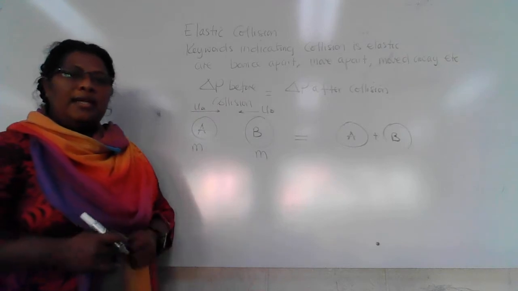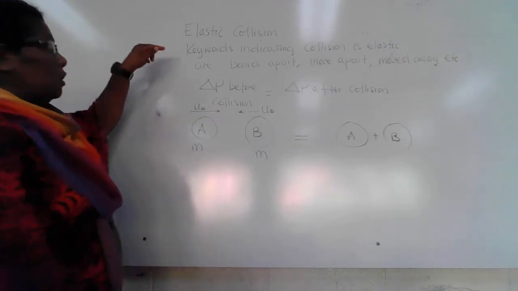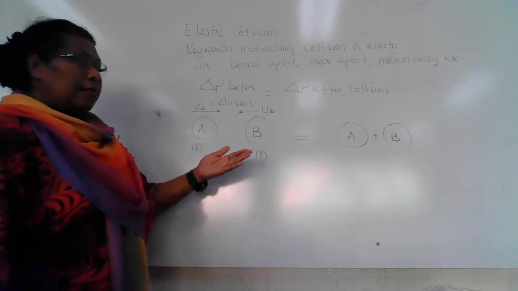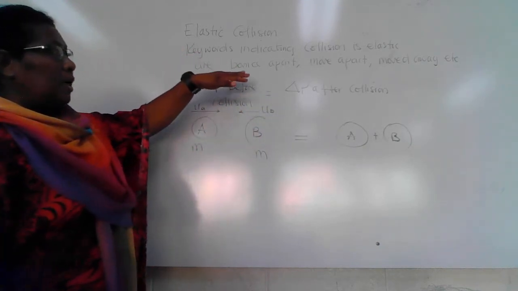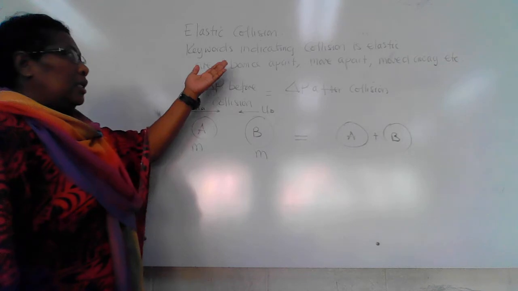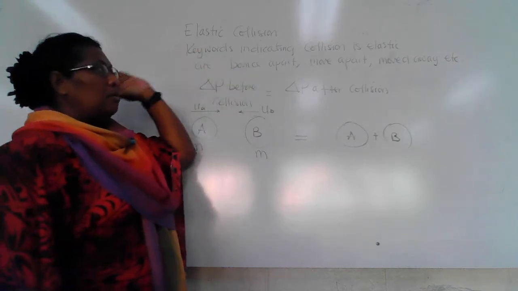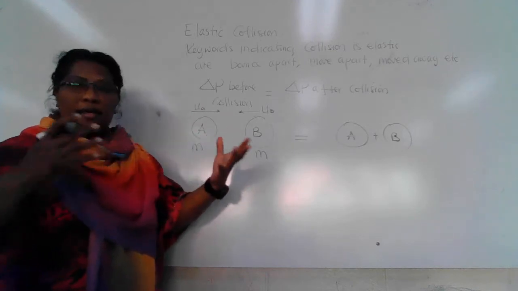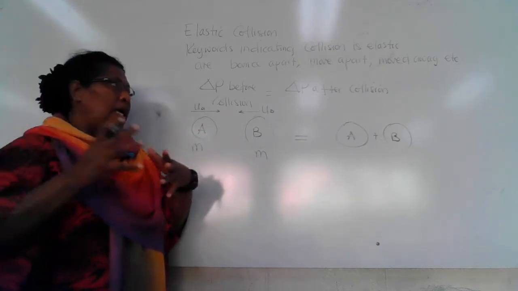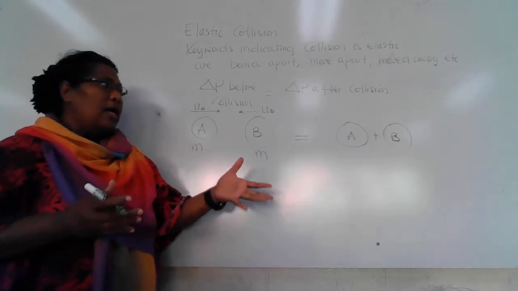Okay, now let's look at elastic collision. The keywords indicating that the type of collision is an elastic collision are words like bouncing apart, moving apart, moved away, anything that indicates that they're moving in opposite directions and they are not sticking together.